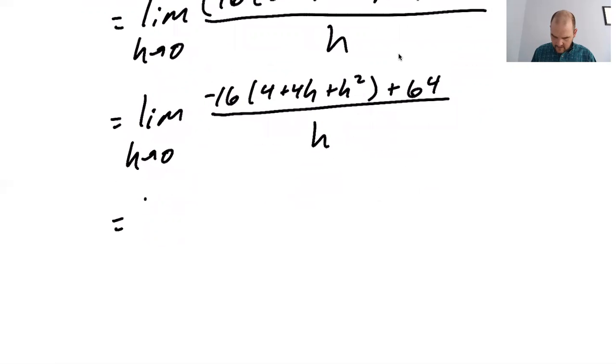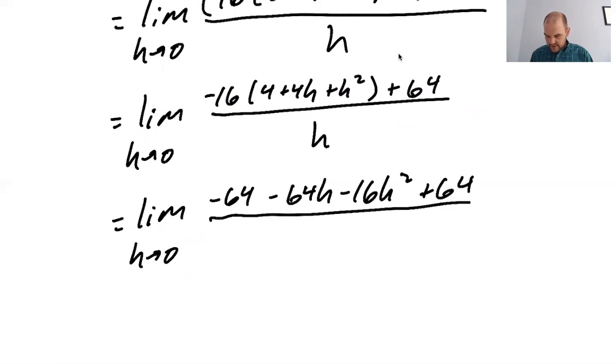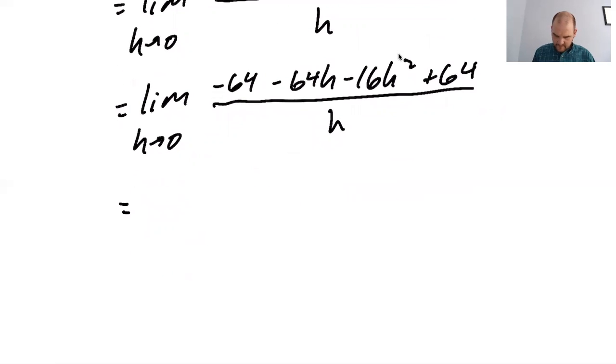Here, limit as h approaches 0 of negative 64 minus 64h minus 16h squared plus 64. Everything in that row that doesn't have an h is going to cancel out. So at the very least, we're not definitely wrong. If it didn't cancel out, we would definitely be wrong.